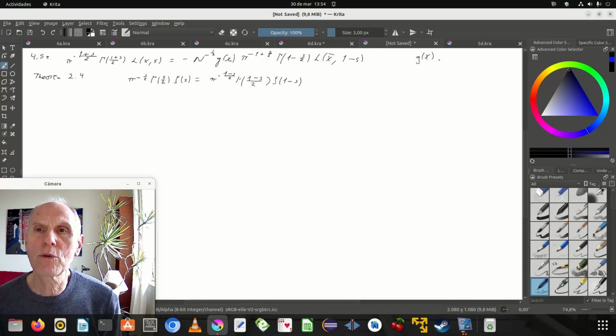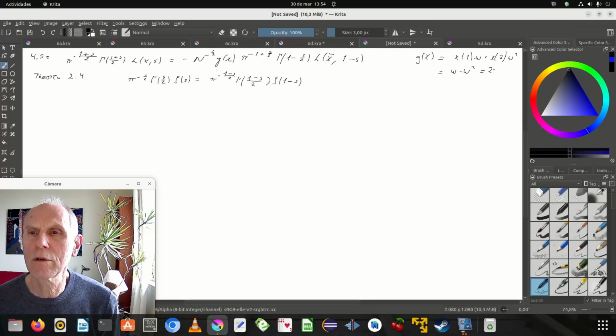It's the character of order 3, so it's chi of 1 times omega plus chi of 2 omega squared, and omega squared is minus omega minus 1. So it just gives square root 3 times the imaginary unit.